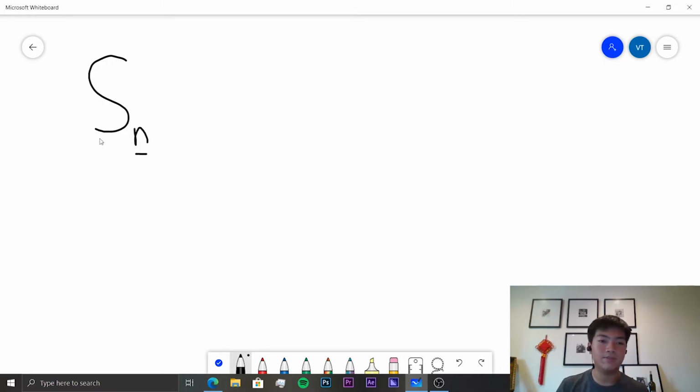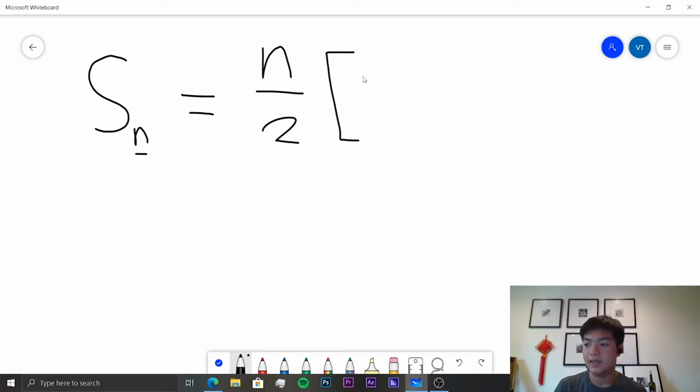We always assume that the sum starts from the first term and ends on this term, but we can modify it to adapt to otherwise. This is equal to the number of terms concerned divided by 2 times the first term plus the nth term, or the term at the final position.